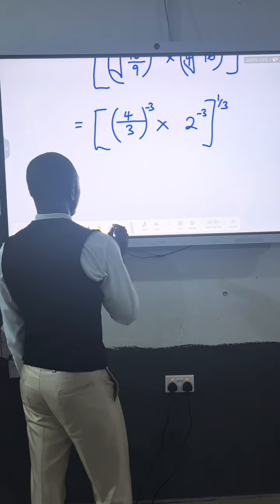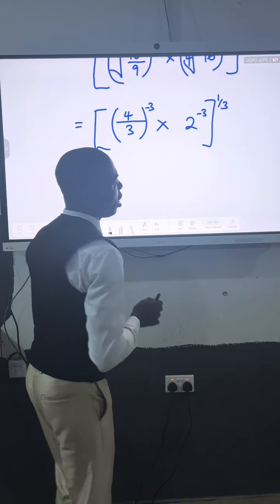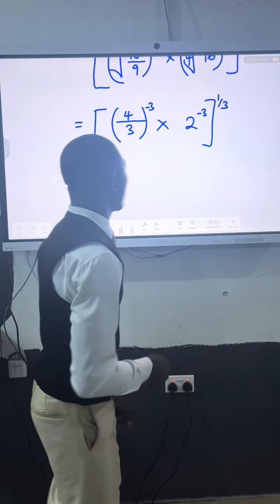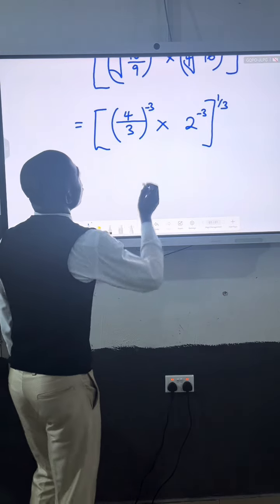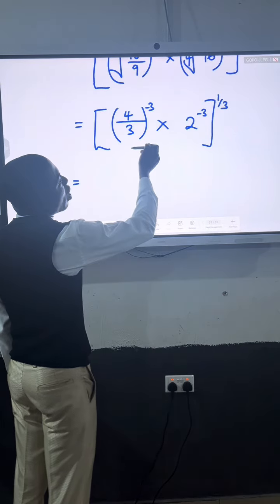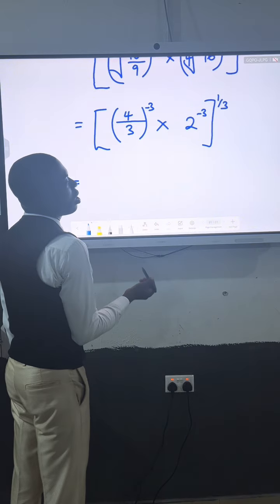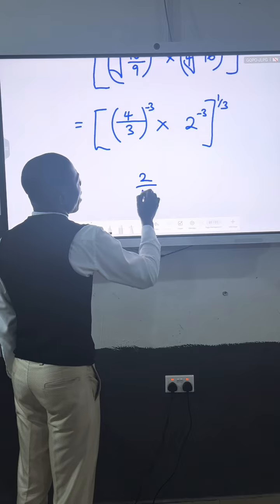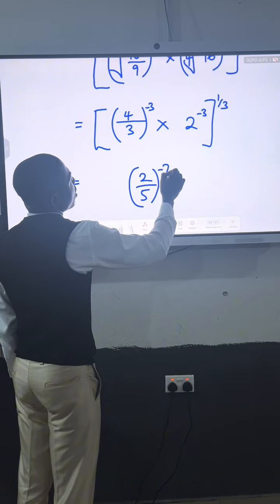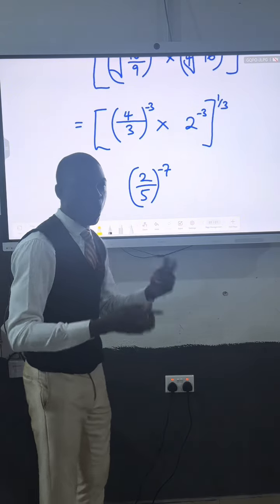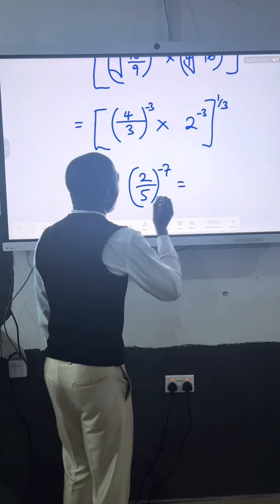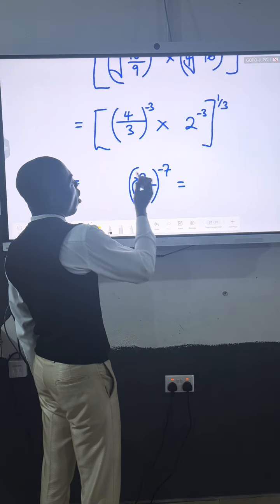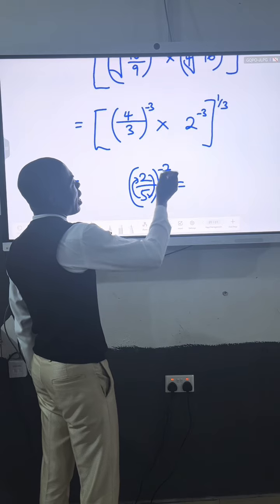Okay? Now, if you have a fraction that is raised to a negative index, look at the fastest way to handle it. You can just interchange the denominator and the numerator and remove the negative sign. Like if I have, let's say, 2 over 5 raised to the power of minus 7, if I don't want a long story, I will take the 5 up and take the 2 down and then cancel the minus sign.